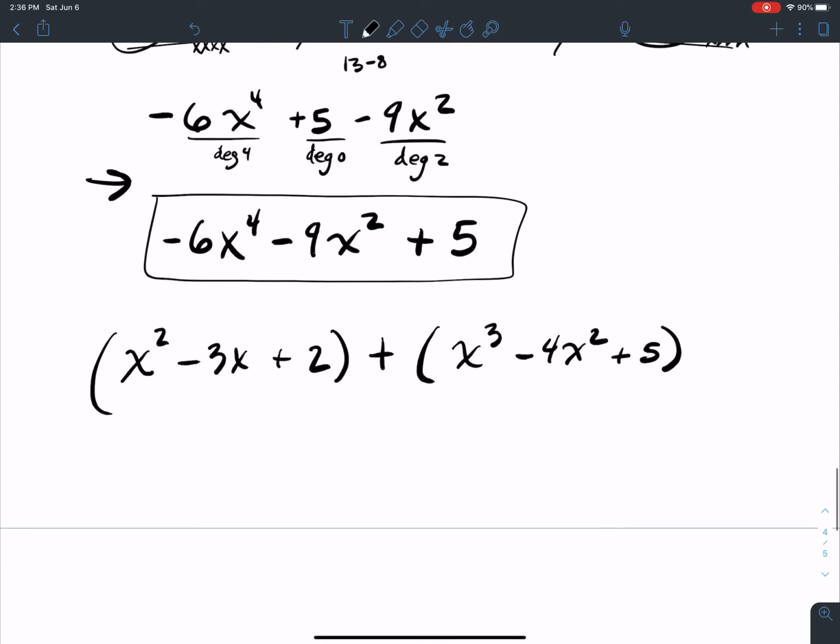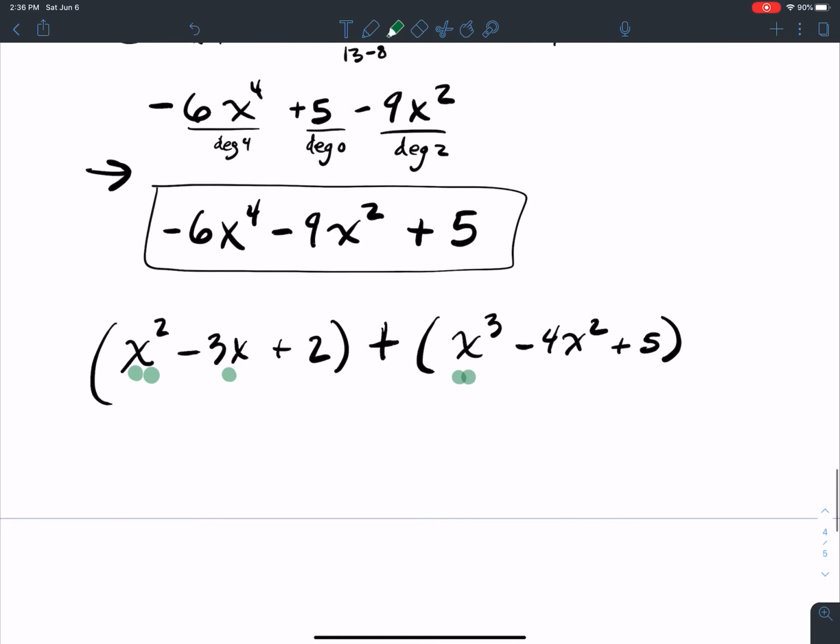Okay, so when there's a plus, you don't have to do any distributions. We just kind of connect everything up. And so I'm going to start with the biggest term. So I see x squared, x, and constant, and then I see x cubed, and then x squared, and then my constant.